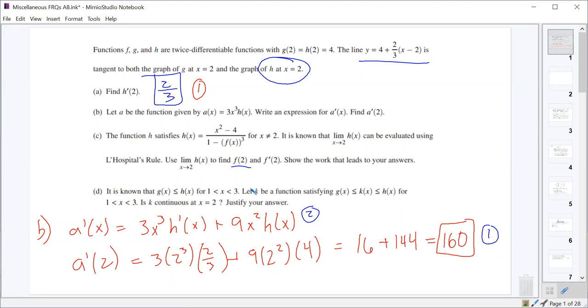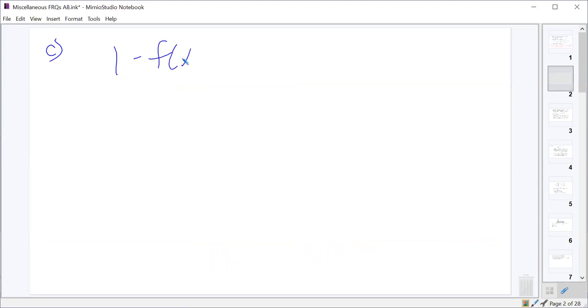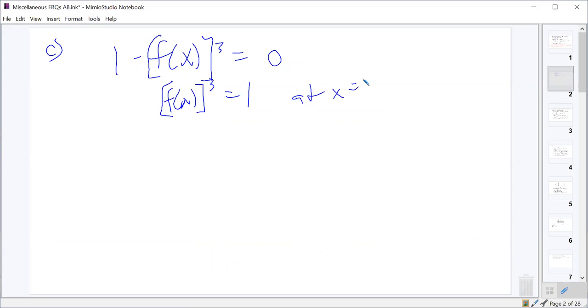F of 2 should be equal to 1, because 1 minus f of x cubed needs to equal 0. That tells us that f of x cubed needs to equal 1 when we evaluate at x equals 2. And so f of 2 needs to just be 1, based on what we know about L'Hopital's rule.